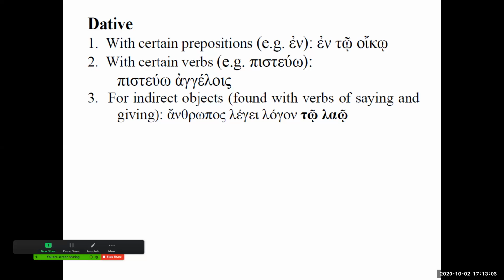Tō laō is the word laos, people, but in the dative case. Notice the endings, not laos, but laō with iota subscript. So we have to remember the ending of the dative case, singular and plural.